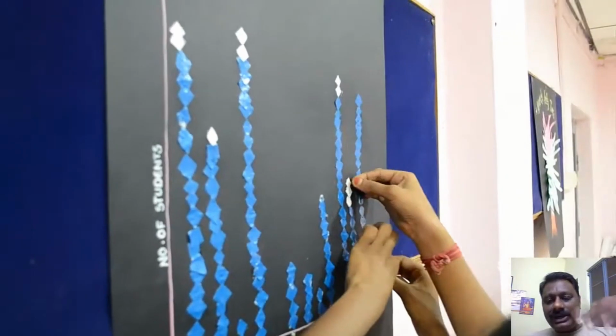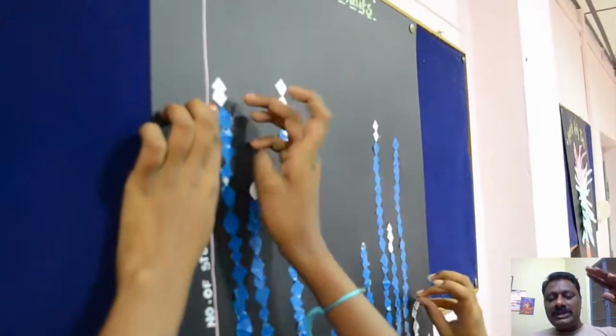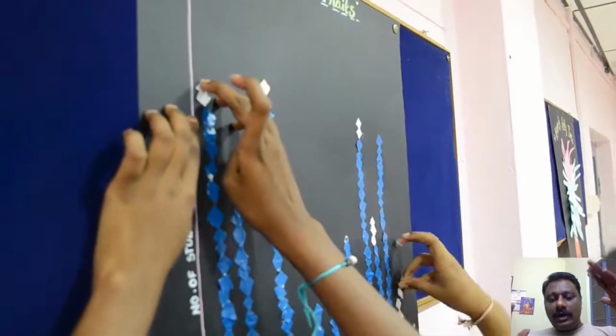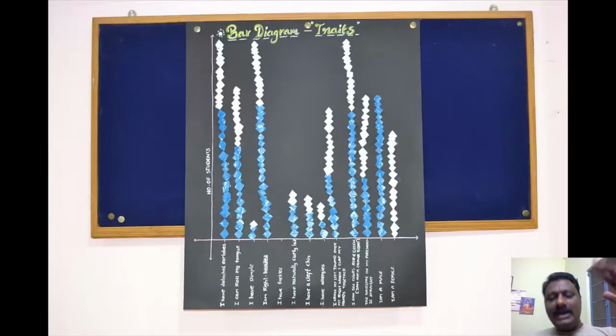Here they can very clearly distinguish the number of blue dots, which indicate their traits present in the males, and white dots present in the females, and the abundance of the trait which they can see in this.